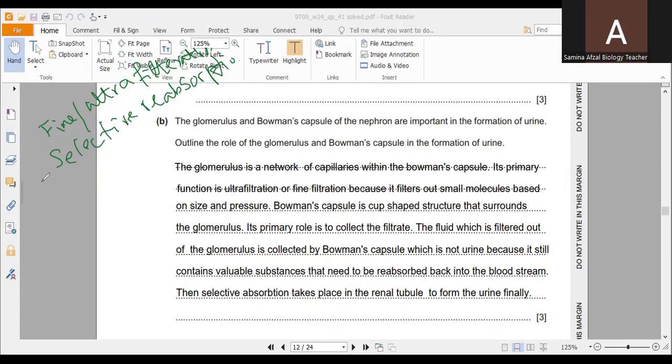These are the two major parts which are performed by the nephrons.